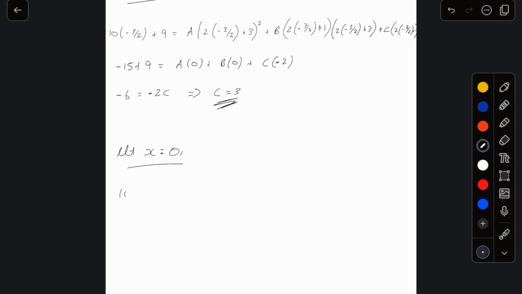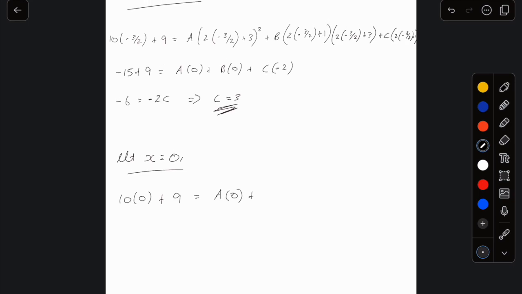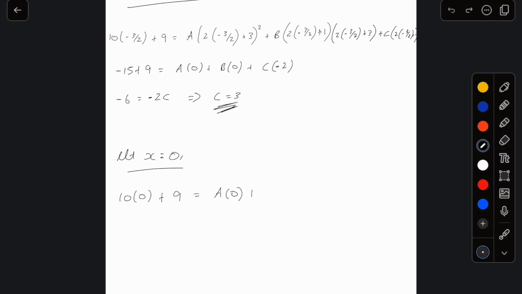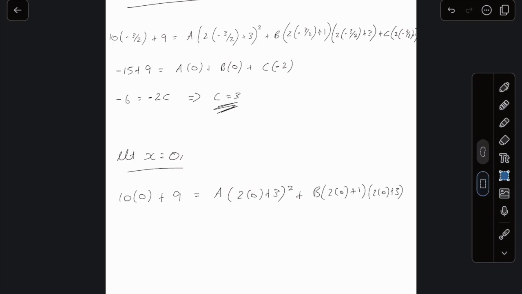Therefore, what we get is 10 times 0 plus 9 equals A(2 times 0 plus 3) squared plus B(2 times 0 plus 1)(2 times 0 plus 3).